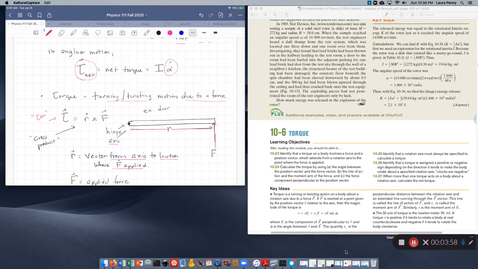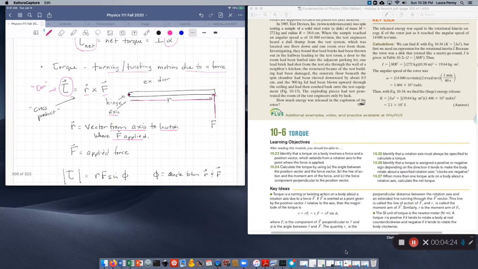And the torque is a vector, and it's the vector cross product of this radius vector and the force. Way back in chapter 3, we talked about vector cross products. We have two vectors, we multiply them, and we get a vector out of it.